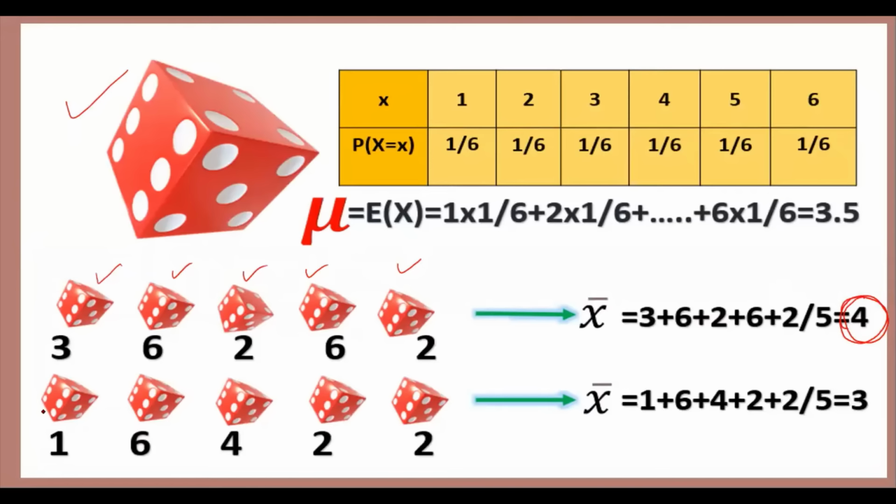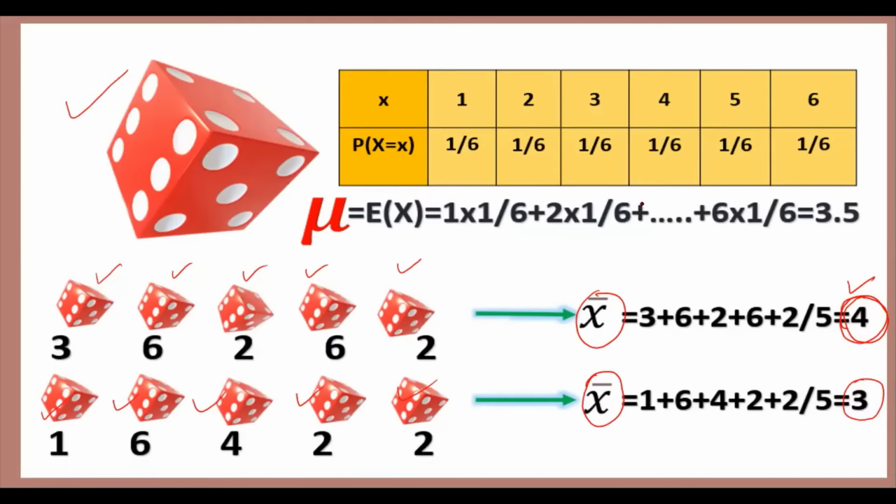And then I rolled a second time. This is the second sample. 5 times I rolled. And then I found the outcomes like this: 1, 6, 4, 2, 2. Then I found the sample mean. So here I got sample mean 4. Here I got sample mean 3.